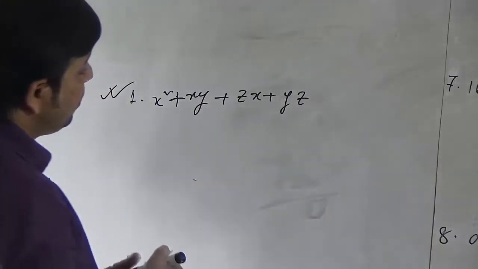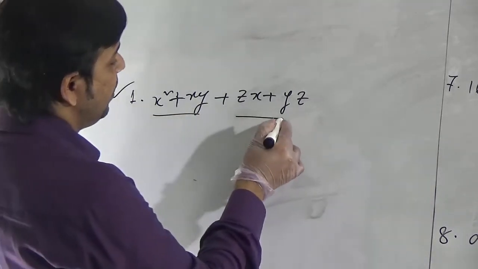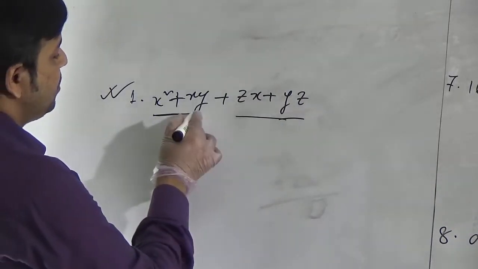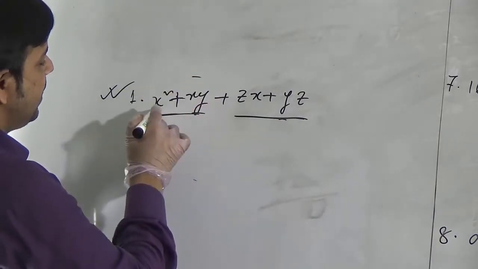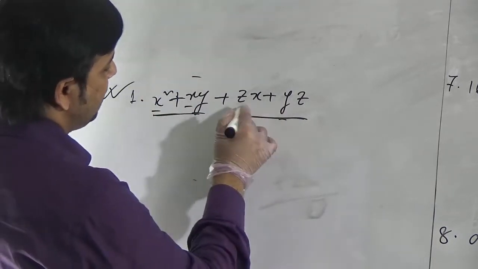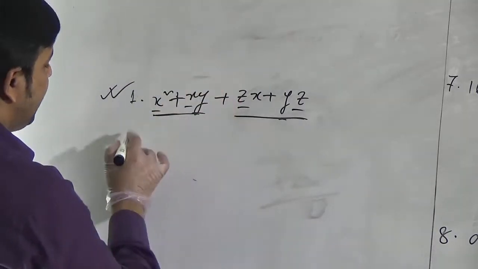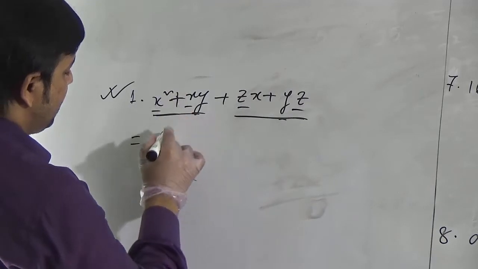As the number of terms is even, we can consider 2 terms and 2 terms. If we consider the first 2 terms, here x is common, and if we consider the last 2 terms, here z is common in both the terms. So we can take x common from first 2 terms.